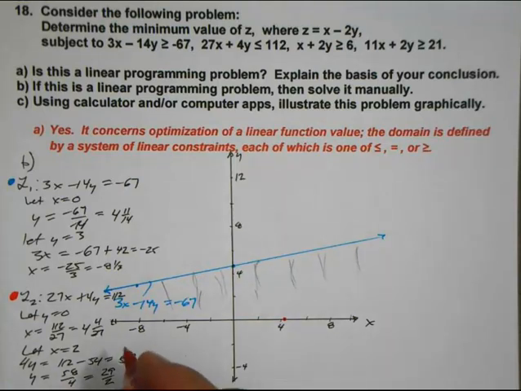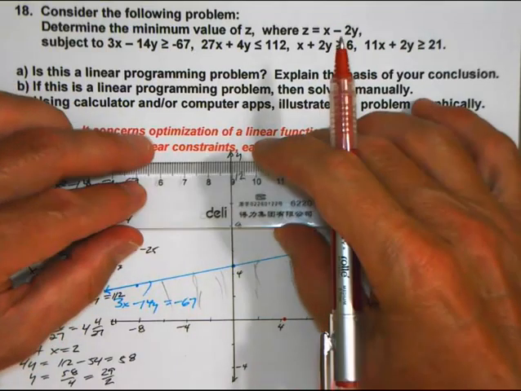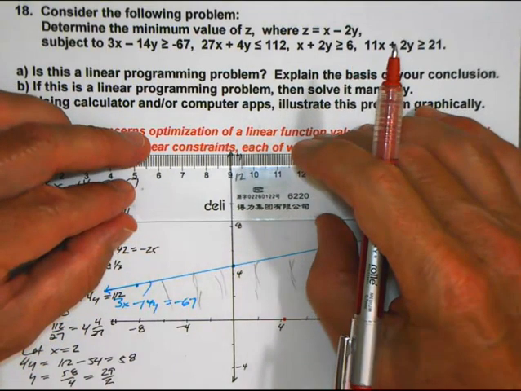Alright, so this point again is 2 for x and 14 and a half for the y. Alright, well there's 14 up here. A 2 for x would be 1 centimeter over.